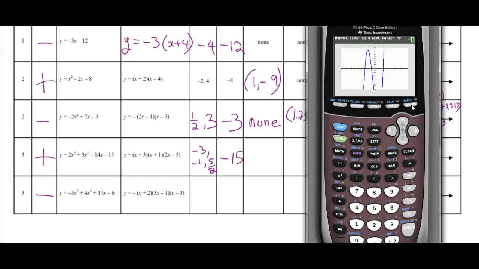Okay, cool. I might want to adjust that a little because I know the y-intercept is -15. So I'm going to go in here and change my y min to like -20 so that I can actually see the y-intercept. Actually I have to go a little bit lower because that's a relative minimum and I need to be able to find its coordinates.